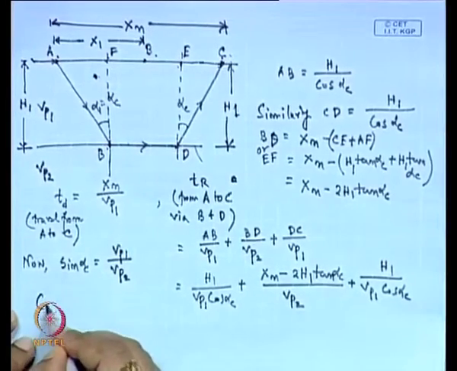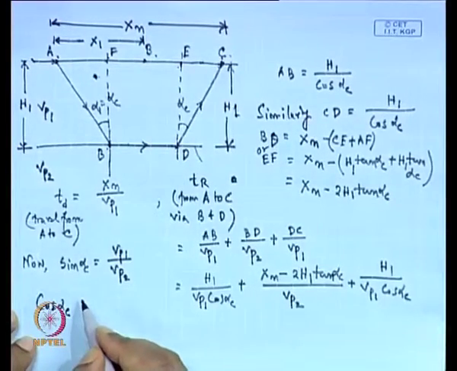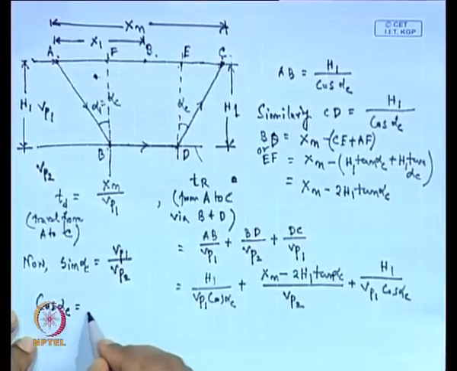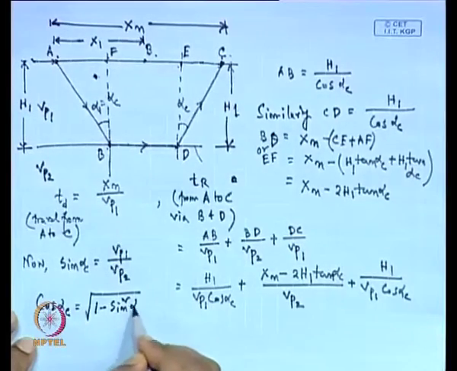So, cos alpha c we can write will be equal to root over 1 minus sin square alpha c.